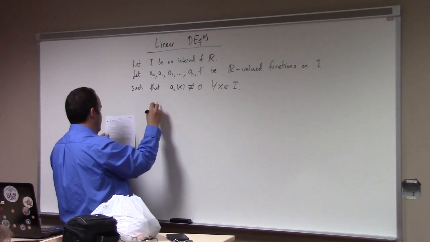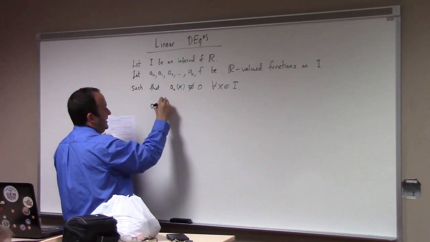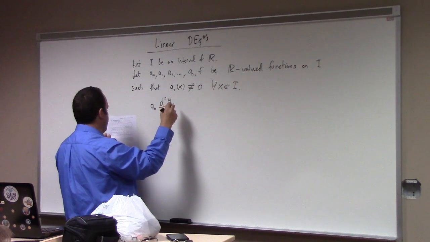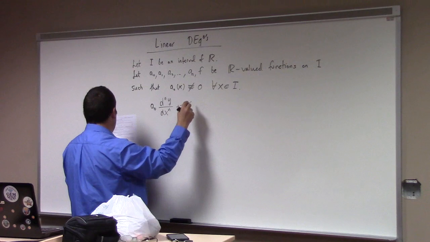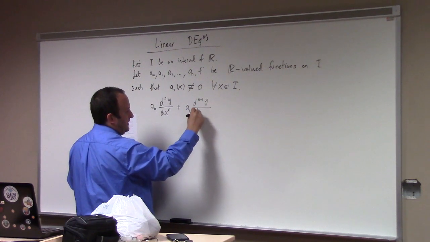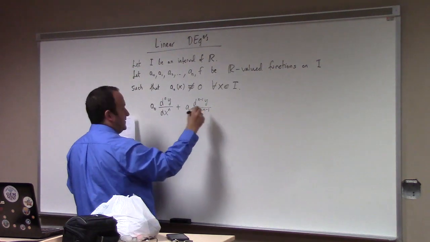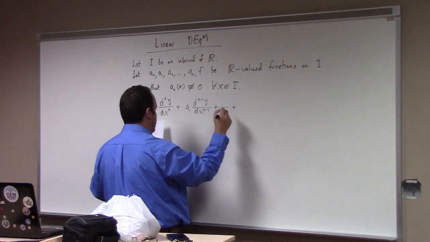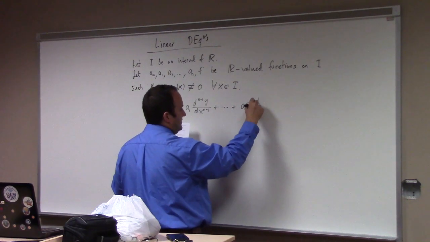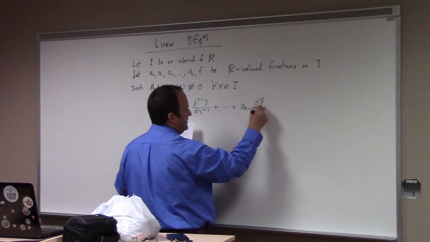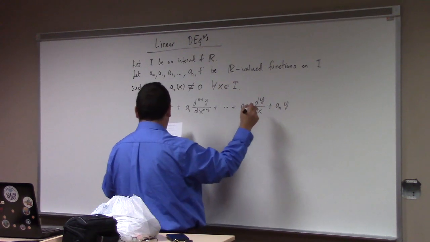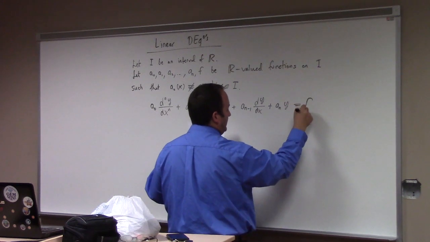We have a0 times the nth derivative of y with respect to x, d^n y/dx^n, plus a1 times d^(n-1) y/dx^(n-1), plus and so on, plus a_(n-1) dy/dx, plus a_n y equals f.